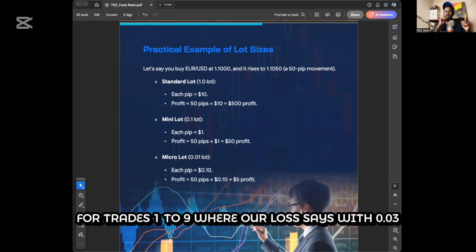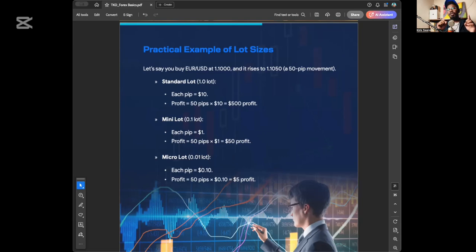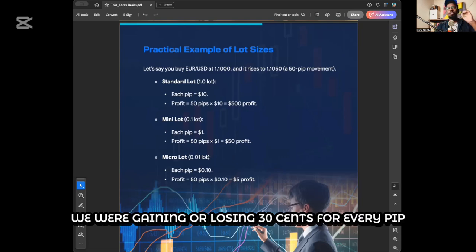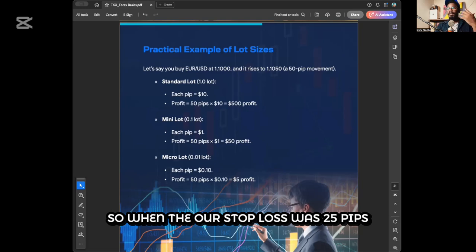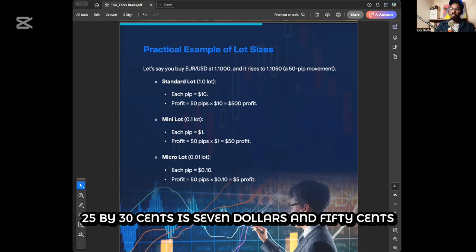For trades 1 to 9, where our lot size was 0.03, we were gaining or losing 30 cents for every pip. So when our stop loss was 25 pips, 25 by 30 cents is $7.50.